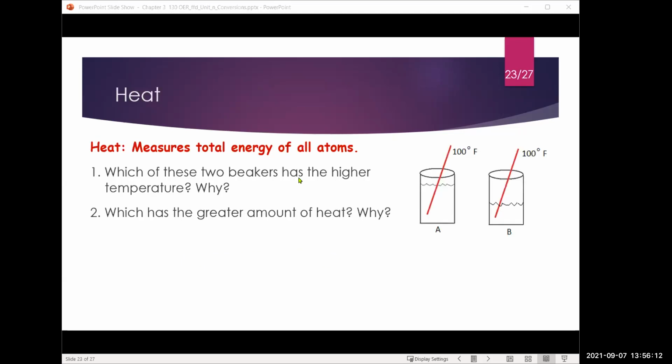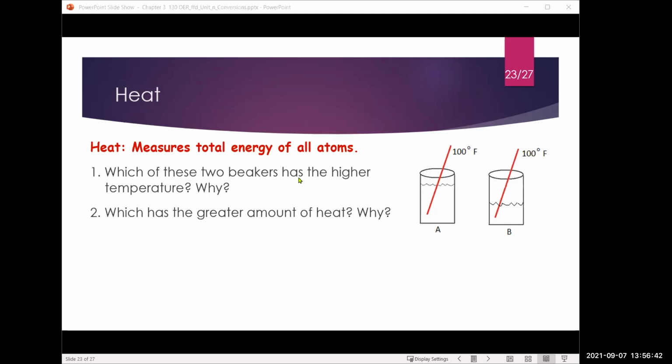Temperature measures heat. We're really talking about energy here. Of the two beakers here, which has a higher temperature? Well, that's kind of a crazy question because if you look at A and B, they both have a thermometer in there and they're both at 100 degrees Fahrenheit. So obviously they both have the same temperature, more than likely because of the same liquid.